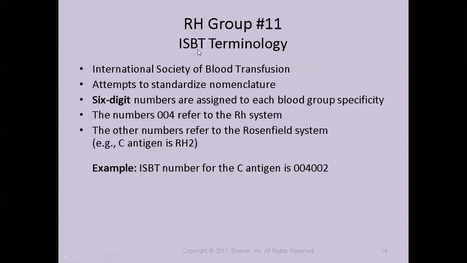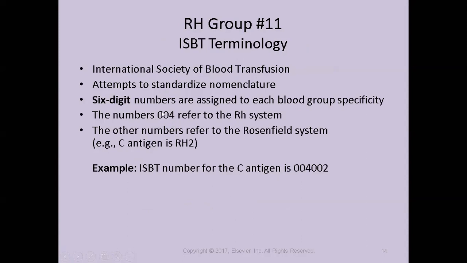So we already talked about the ISBT terminology. We looked at this on a previous slide. But just to review, it's the International Society of Blood Transfusion, and it's a way to standardize nomenclature throughout the world. So each antigen has a 6-digit number, and the first 3 numbers refer to the blood group system.